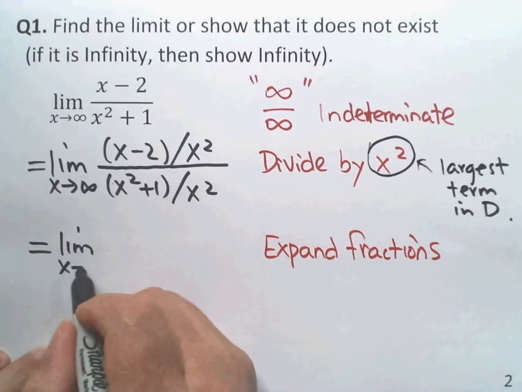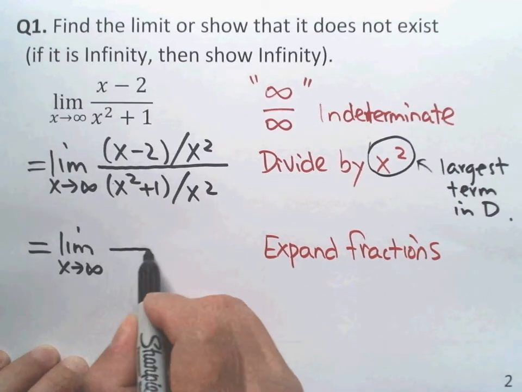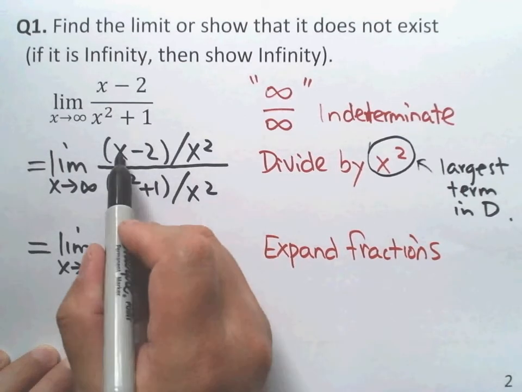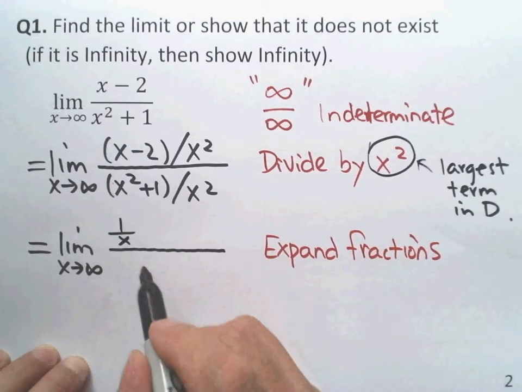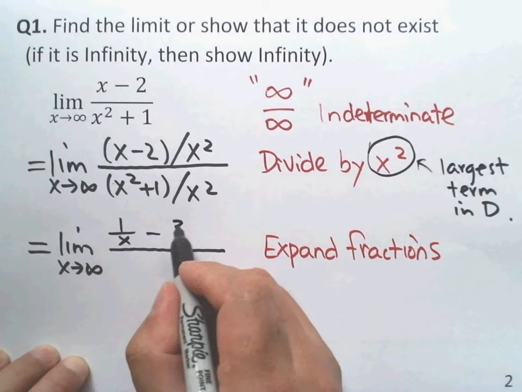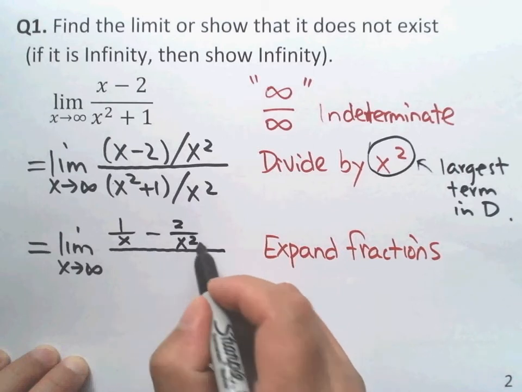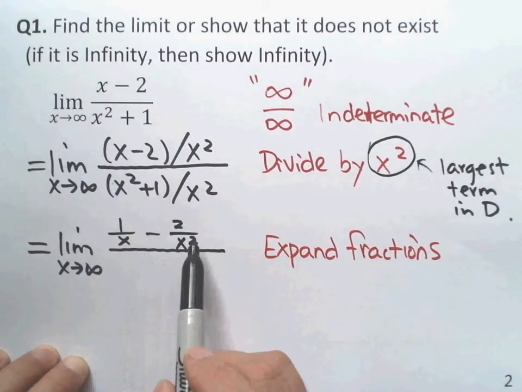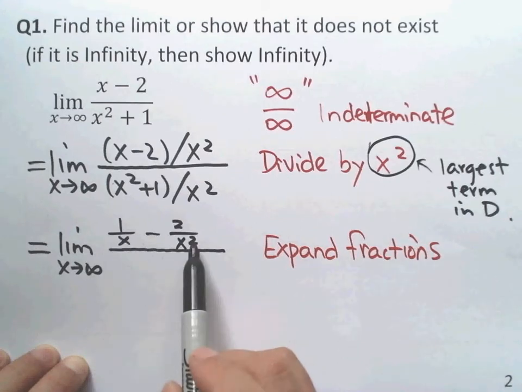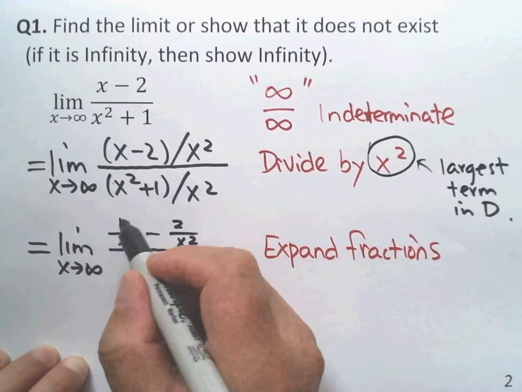The limit as x approaches infinity. So x over x squared is 1 over x, minus 2 over x squared. Can you see? The original is 1 fraction. Now we have a 2. Why did we write this? Do you remember? What is the limit of this? 0.